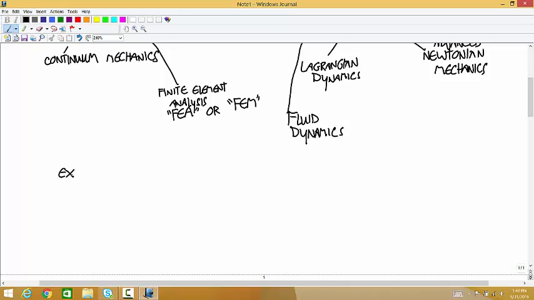Here are some examples of calculations we'll be able to do after we're done with a class in statics.